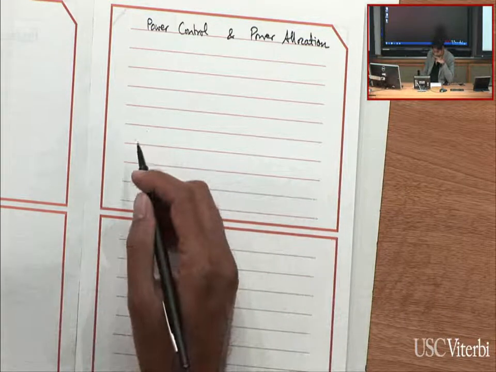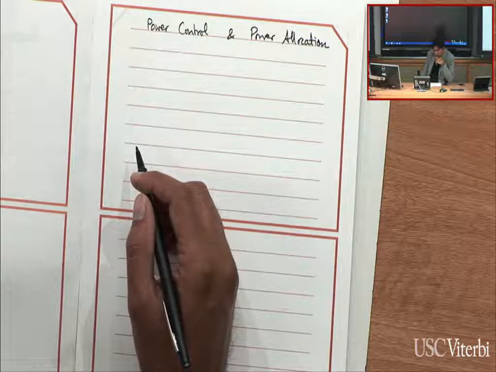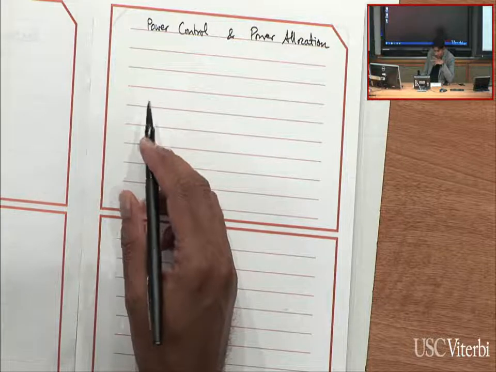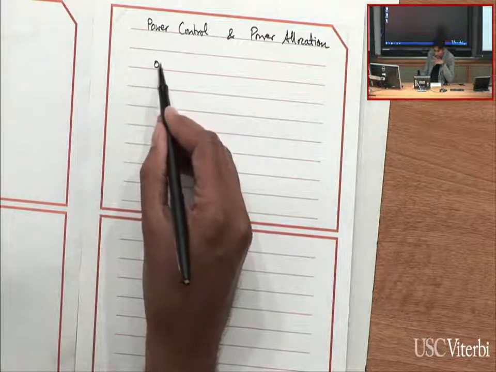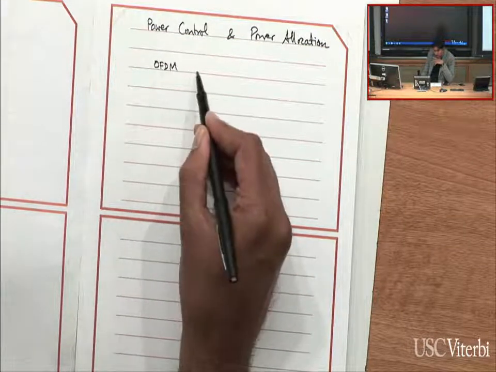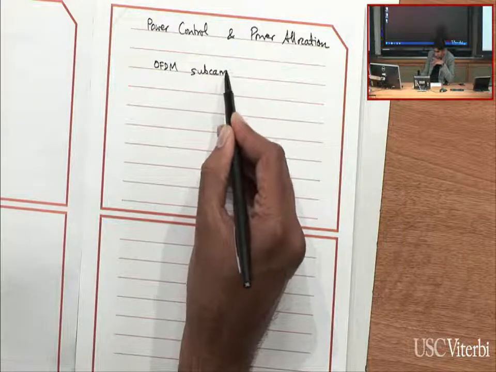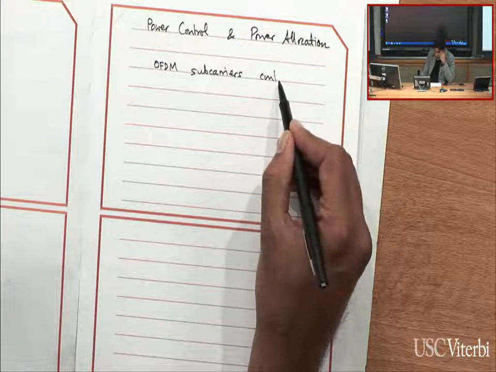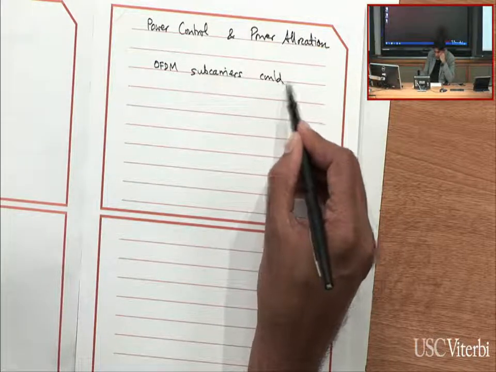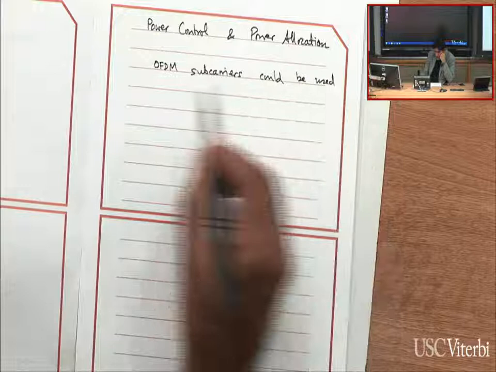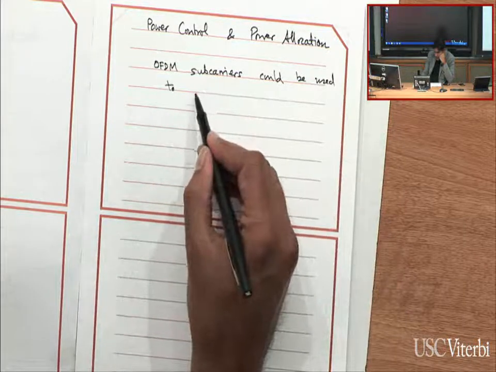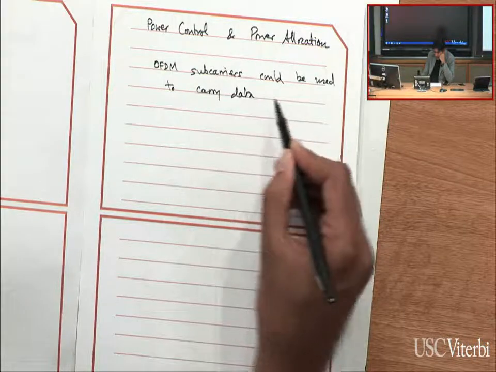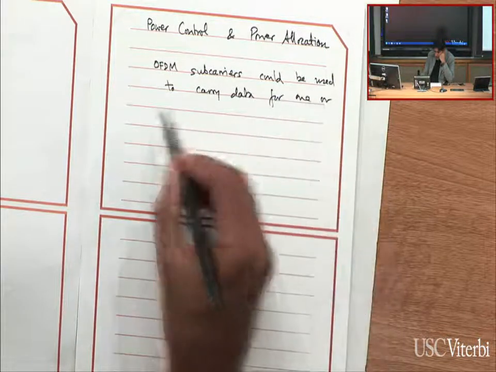So in certain types of wireless networks, such as systems that have OFDM subcarriers, they could potentially be used for one or more users.